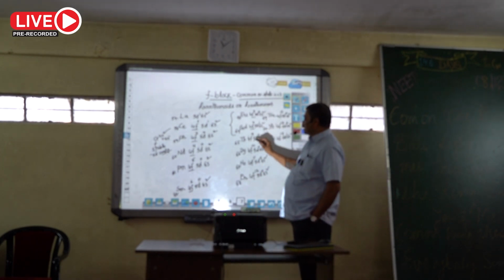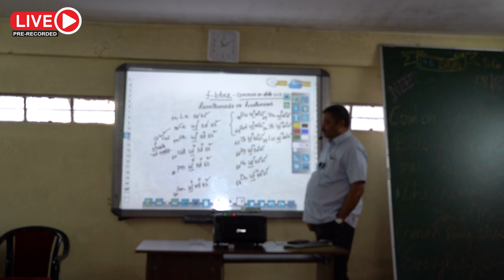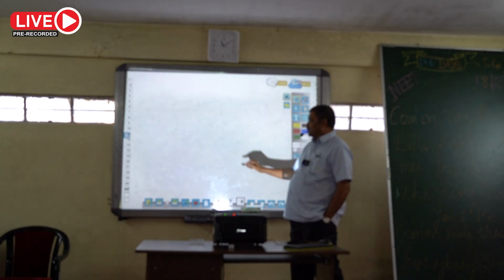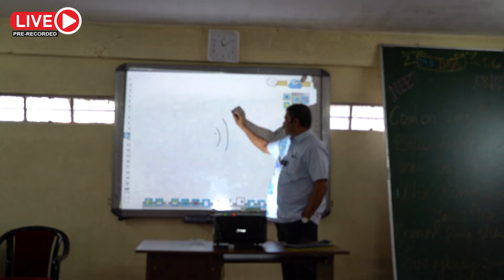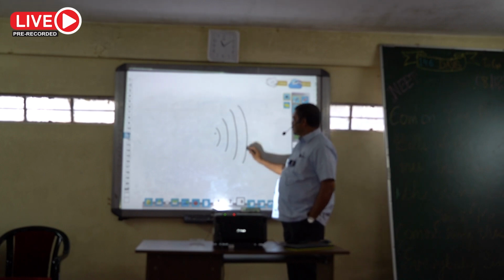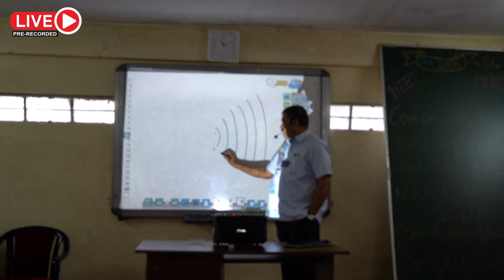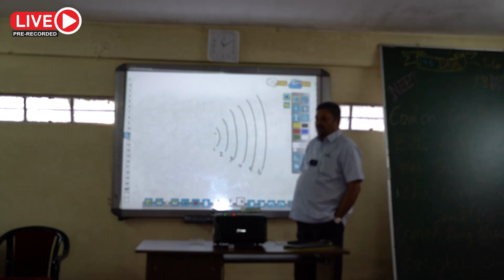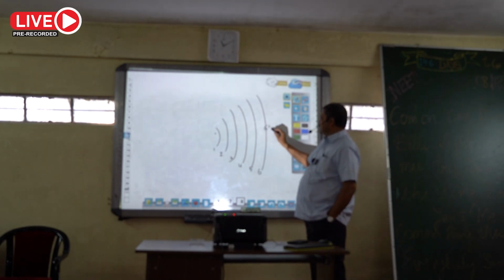What is the gradual filling? 4f subshell is filled. Is the 4f in the outermost shell? The answer is no. First, second, third, 4, 5, 6. There are 6 shells in lanthanoids. 6s2 is here.